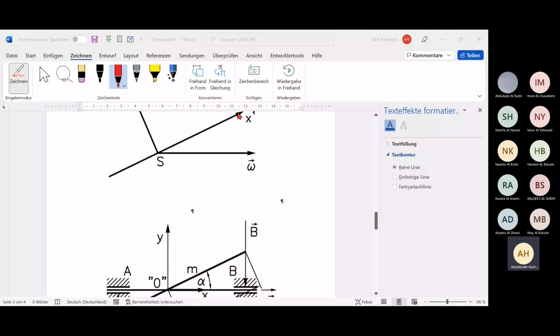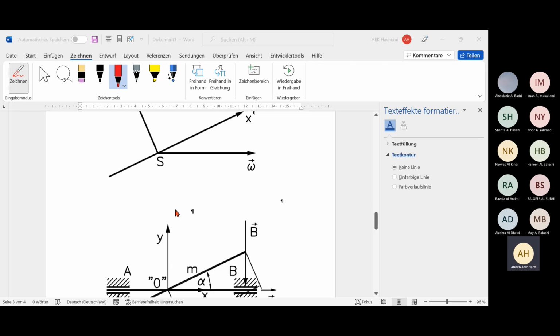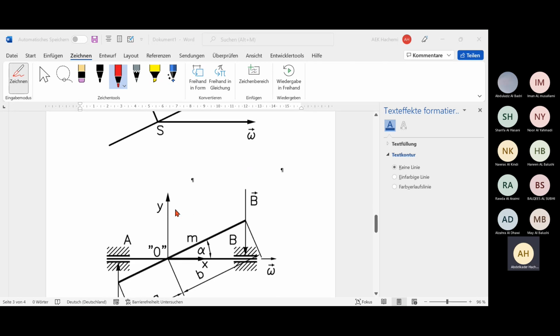As you see here, I x prime will be equal to 0, and I y prime and I z prime will be equal. That means I y prime and I z prime are equal.